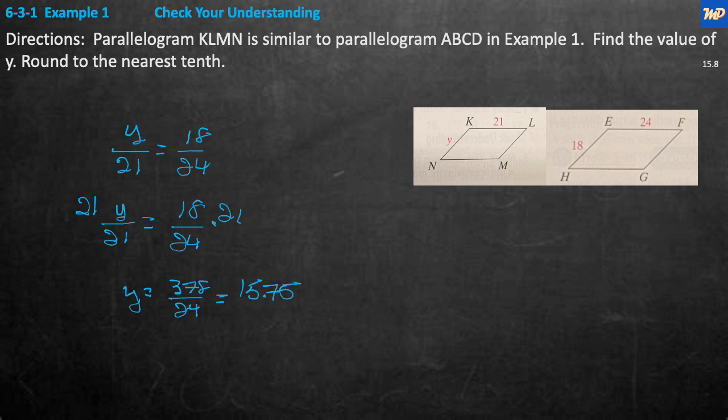Well, it says round to the nearest tenth, so y is equal to 15.75 rounds to 15.8. That's rounded to the nearest tenth.